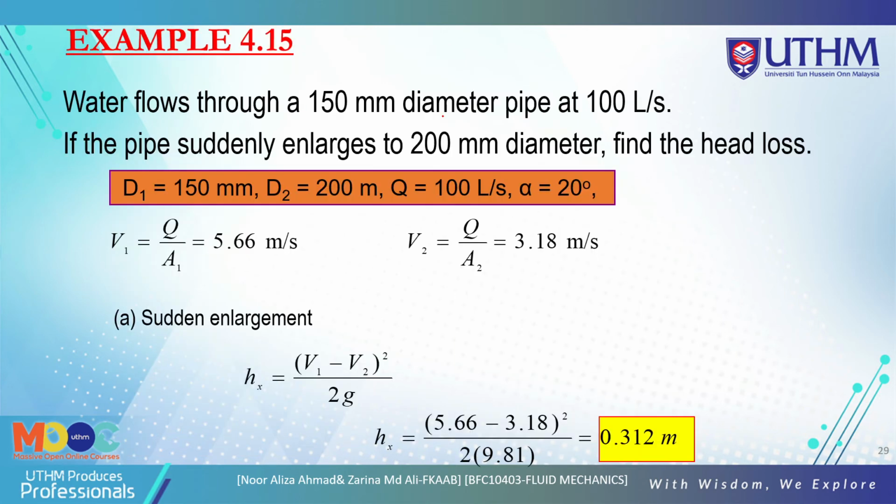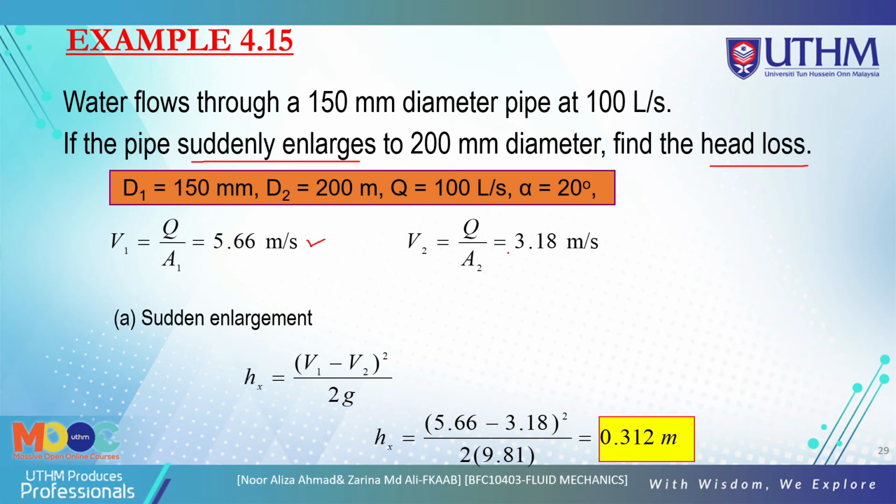Now we look at the example here. Water flows through a 150 mm diameter pipe at 100 liters per second. If the pipe suddenly enlarges to 200 mm diameter, find the head loss. V1 is Q divided by A1, so we get the value of V1.